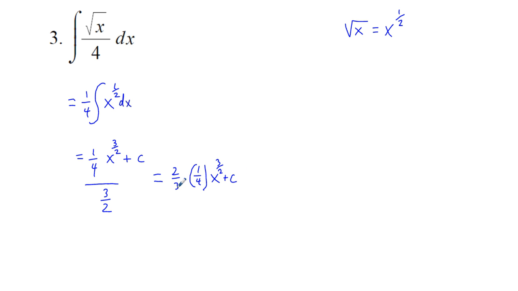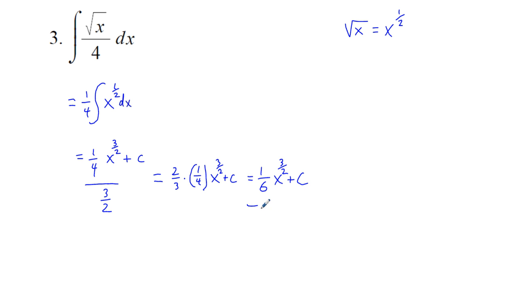And then we have in the numerator 2 times 1, which is 2, and in the denominator 3 times 4, which is 12. So that's going to give us 2/12. And 2/12 is equal to 1/6. So we're going to have 1/6 x to the 3/2 power plus c.